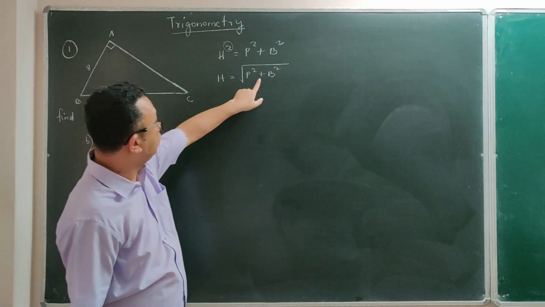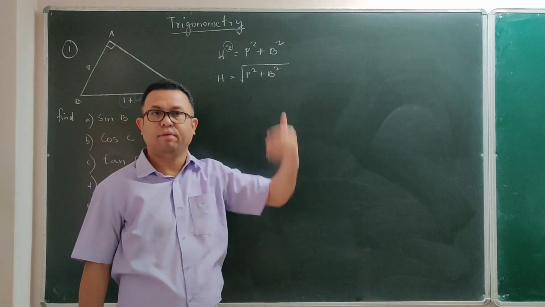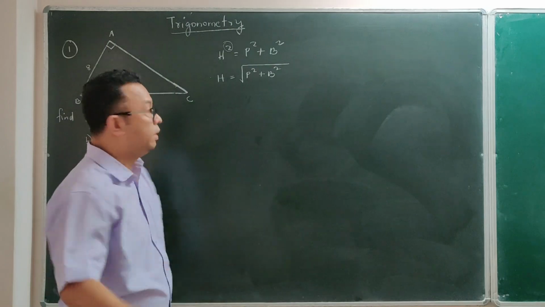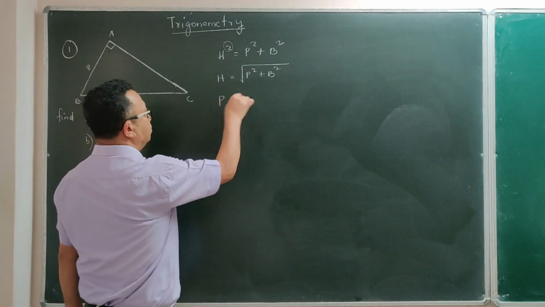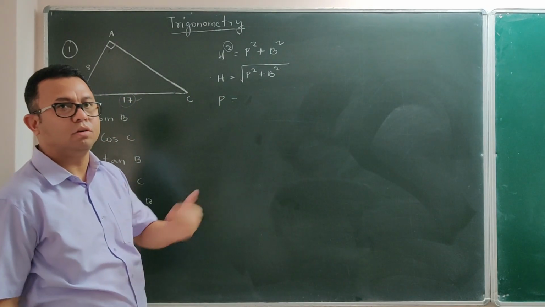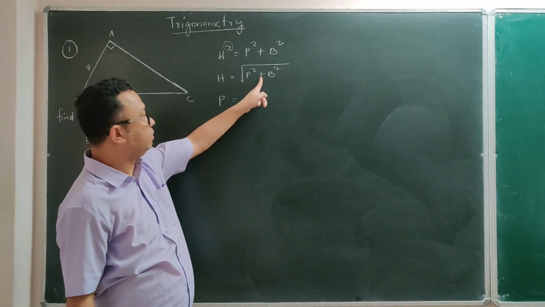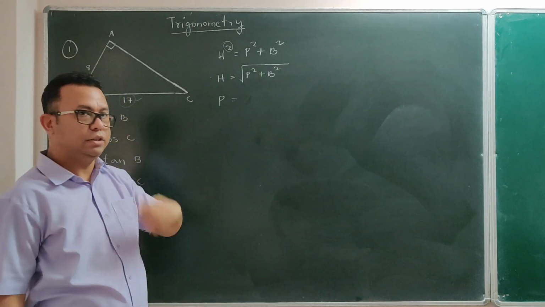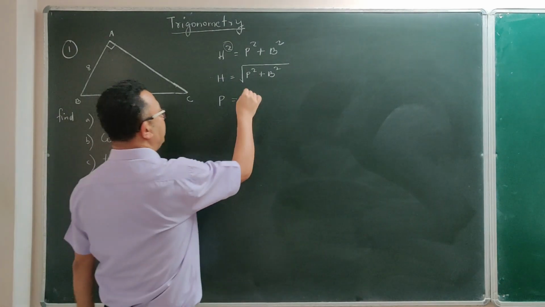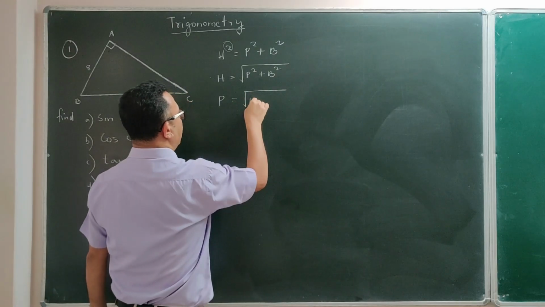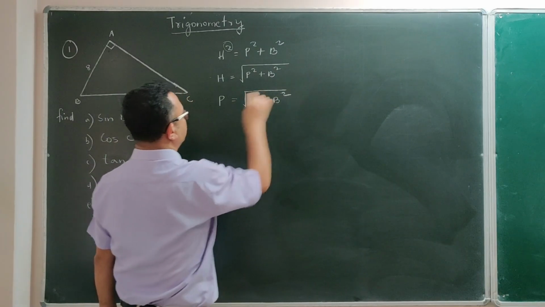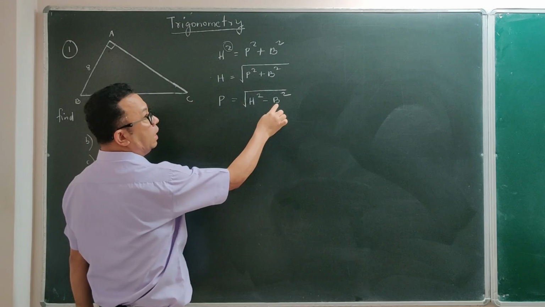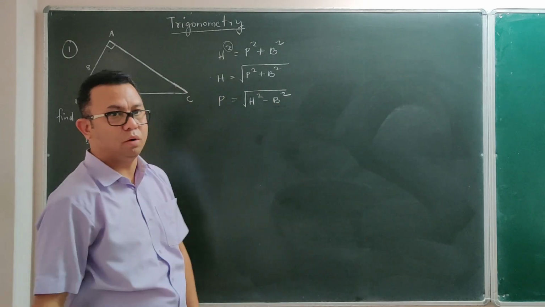For hypotenuse, you have to add the perpendicular and base squares and find the square root of the sum. If you are finding perpendicular, since perpendicular is not the longest side, and hypotenuse is the longest side, you don't add. To find perpendicular, it is root of hypotenuse square minus base square. So if you are finding perpendicular, you have to subtract base square from hypotenuse square, because hypotenuse is the longest one.